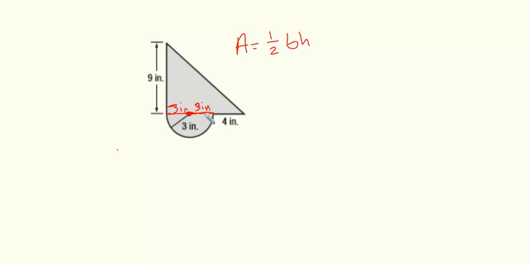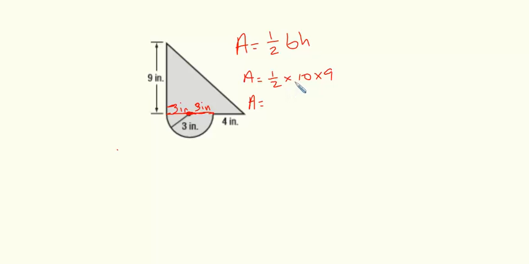With the diameter of 6 inches plus this 4 inches over here, that means my base is 10 inches. 3 plus 3 plus 4 gives me 10 inches. And I have a height of 9 inches.